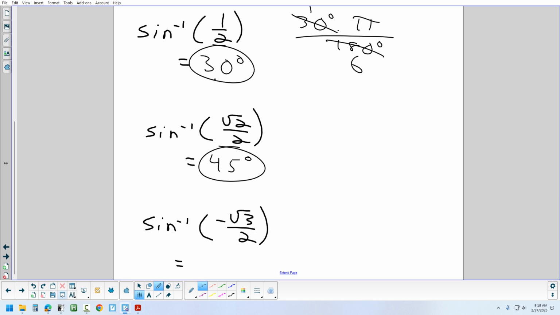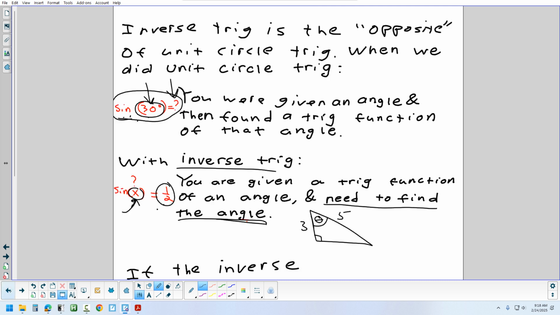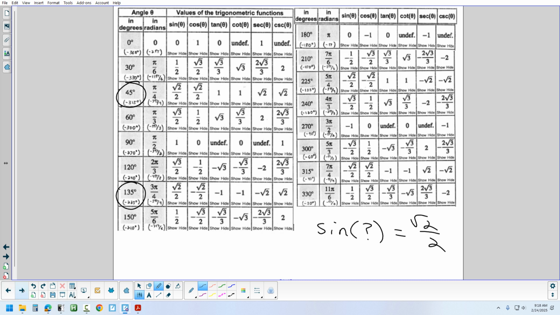All right. And now let's try inverse sine of negative root 3 over 2. Okay, so keep in mind what that really means. You need to figure out what angle can you take the sine of and get an answer of negative root 3 over 2.